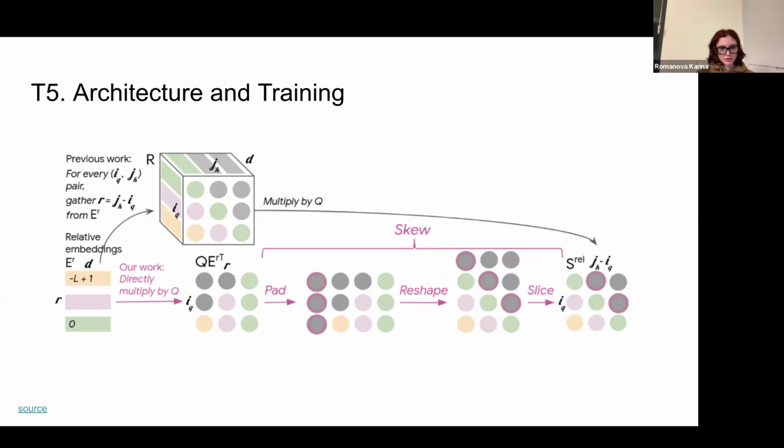In contrast, relative positional encoding allows T5 to focus on the relative distance between words. This approach scales better with long text sequences and helps the model generalize more effectively, since it can adapt to variations in input length.